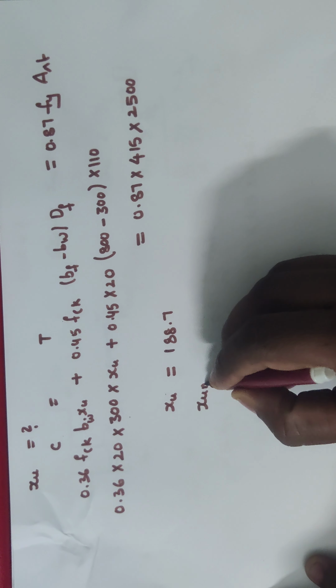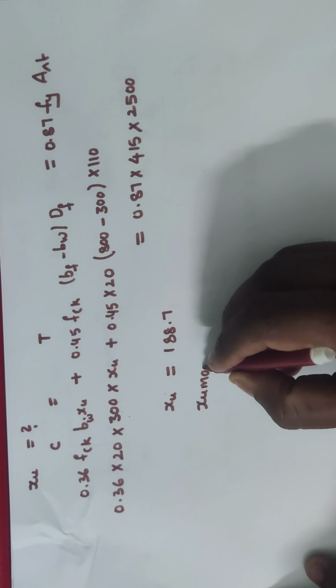XU max, since it is Fe 415 steel, is equal to 0.48 into effective depth, 600, that is equal to 288 mm. 288 mm means XU is less than XU max.